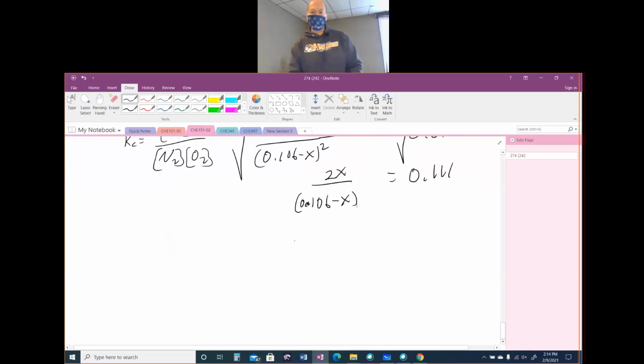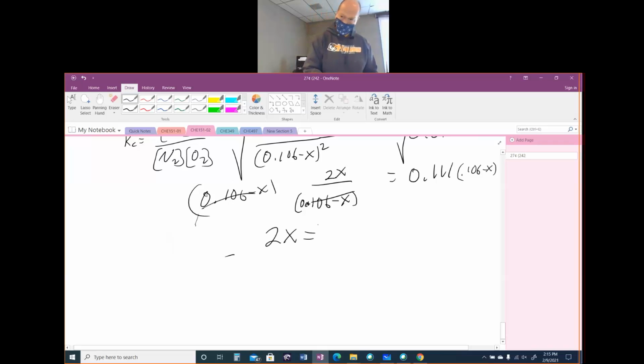All right, so you multiply both sides by 0.106 minus x. All right, and so you end up with 2x is equal to, got to multiply that through. So 0.111 times 0.106 is 0.0118 minus 0.111x. So I distribute my 0.111.